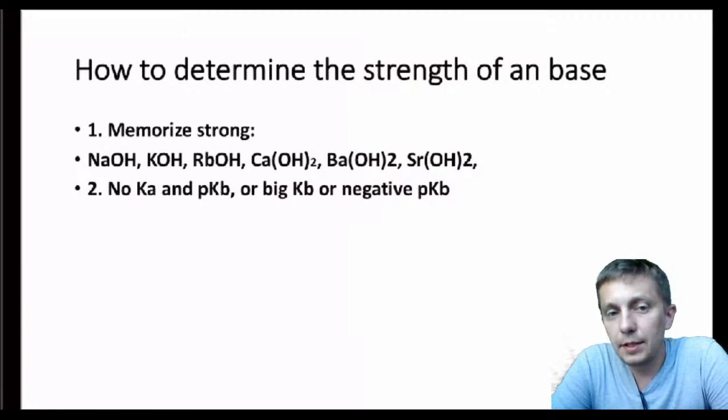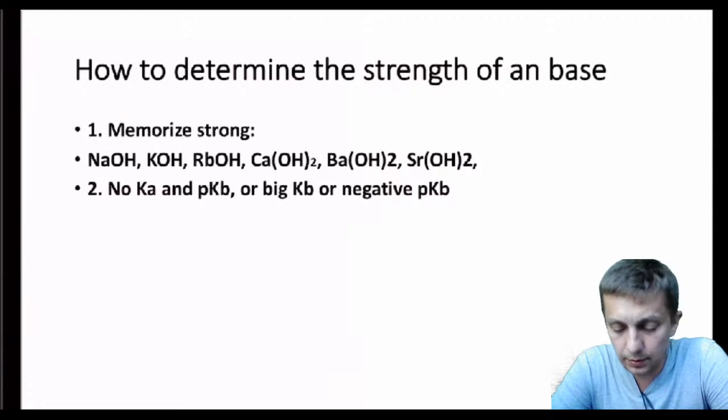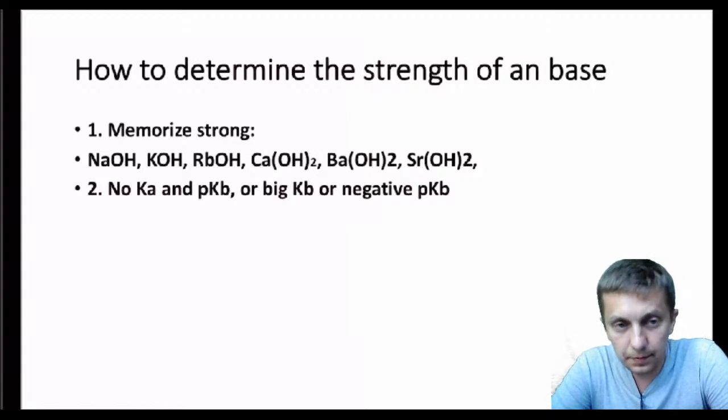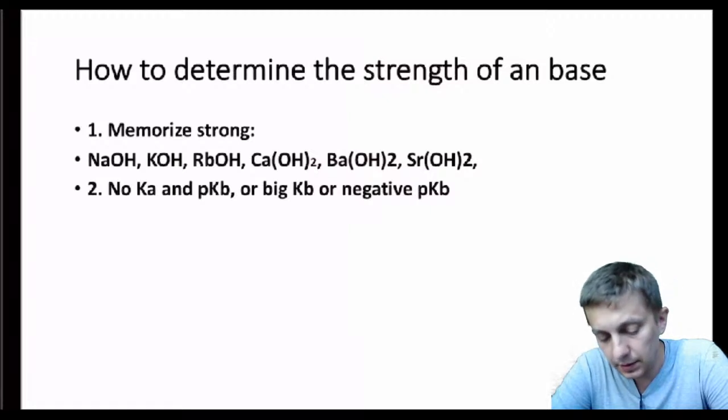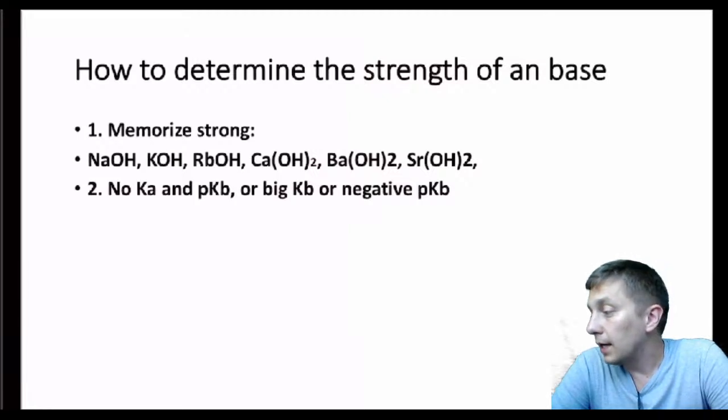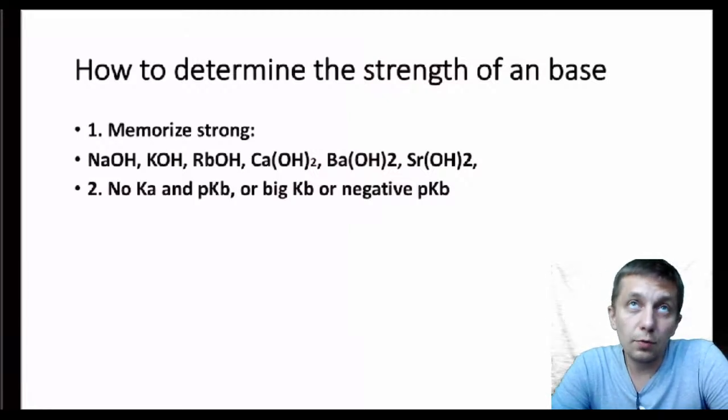For bases, we deal with the same principle as for acids to determine the strength of a base. Just memorize most bases are weak, so if a base is from this list, it means it's strong: NaOH, KOH, rubidium OH, some elements of first and second groups except the top one.